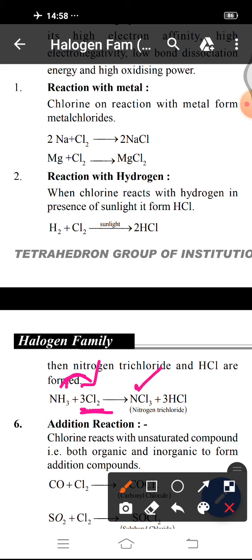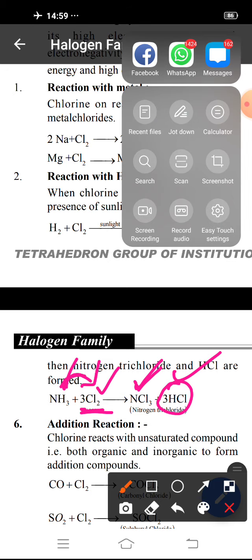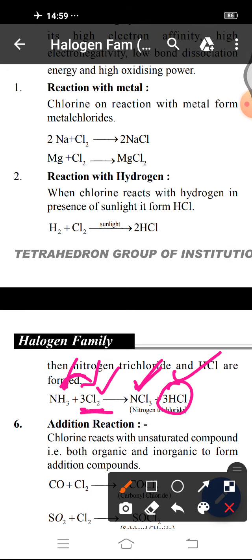It forms NCl3, and the remaining hydrogen and chlorine form HCl. So the hydrogen is replaced by chlorine atoms, forming NCl3 and HCl.